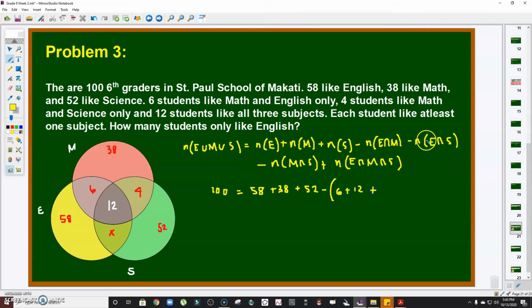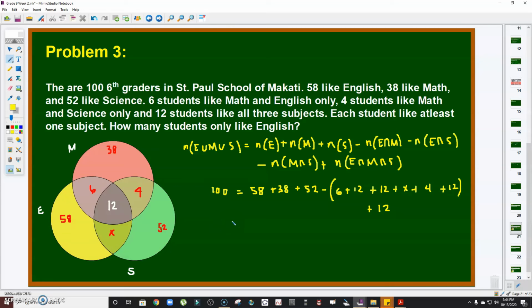Plus English and Science, so that's 12 plus X. Plus Math and Science, that's 4 plus 12. Then, of course, you have to add 12. So, that's equal to 100. Then, add na lang natin.